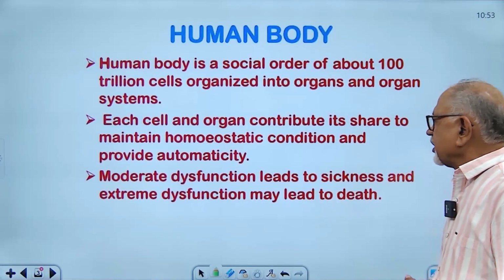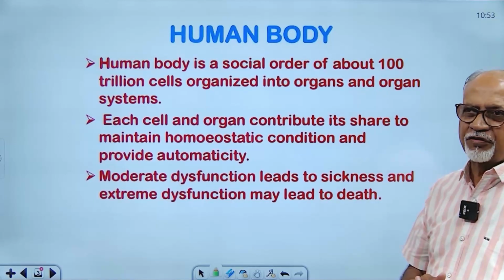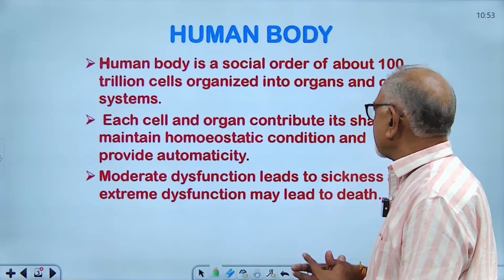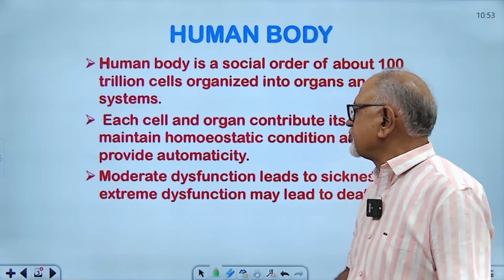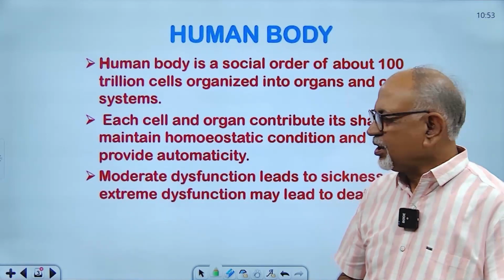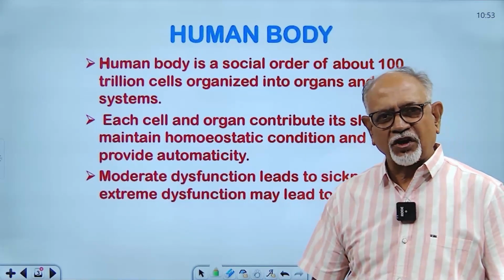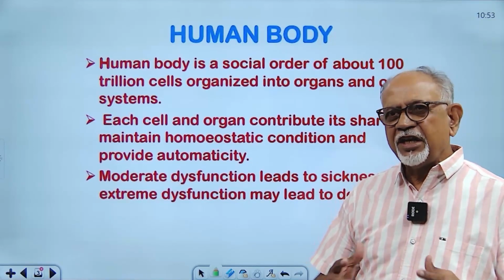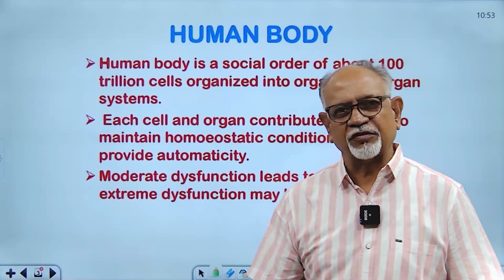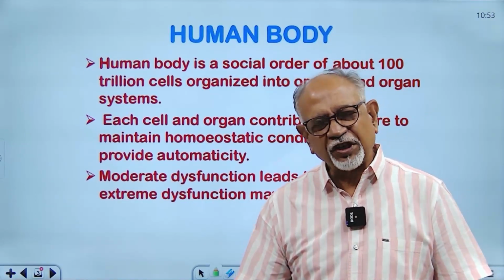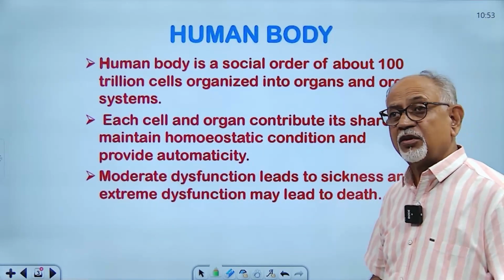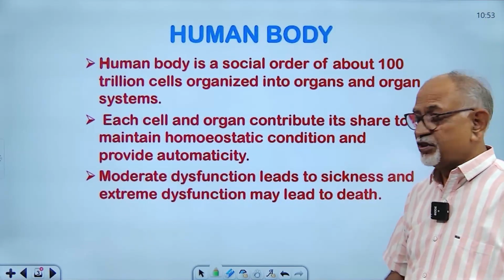Each cell and organ contributes its share to maintain the homeostatic condition and provide autonomicity to the body. A moderate dysfunction in any of the parameters can cause sickness, or an extreme dysfunction may even lead to death.